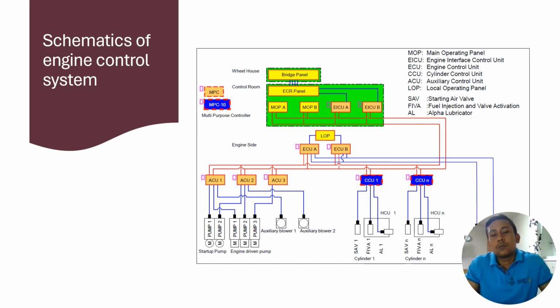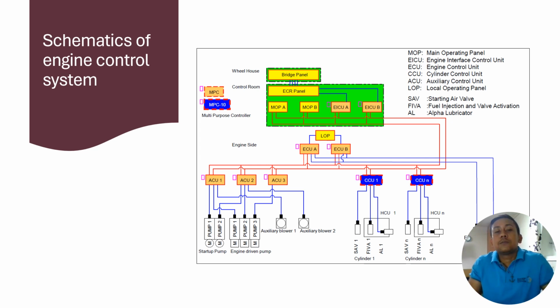The ECU takes signal from the tacho. You can clearly see here the ECU taking signal from the tacho to operate the FIVA, starting air valve and alpha lubricator. We need the crankshaft position.